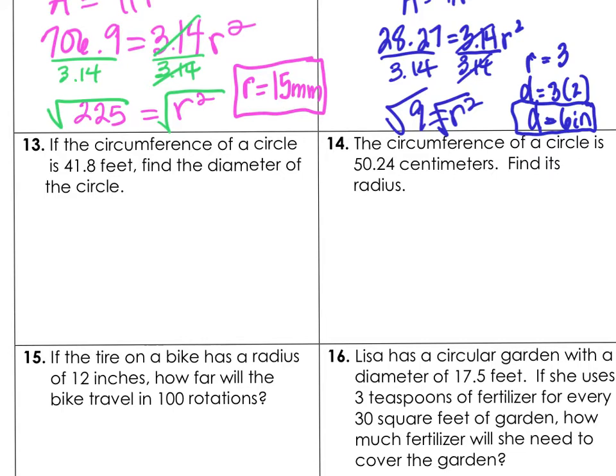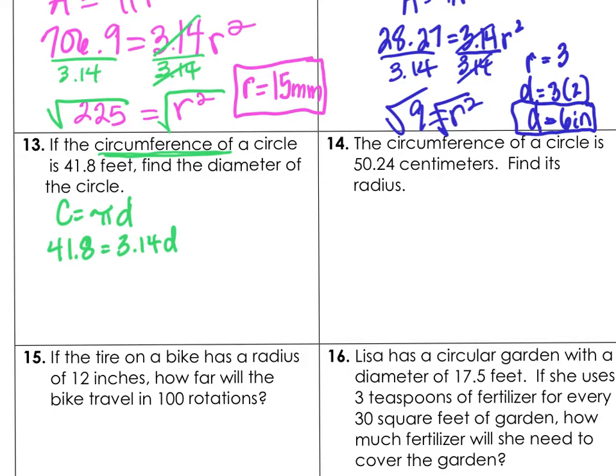Okay, if the circumference, so they've given us circumference, is 41.8 feet, find the diameter. Well, circumference equals pi times diameter, and the circumference is 41.8, and that equals 3.14 times our diameter. See how we just switched these two. Instead of doing pi and d, we're doing circumference and pi.